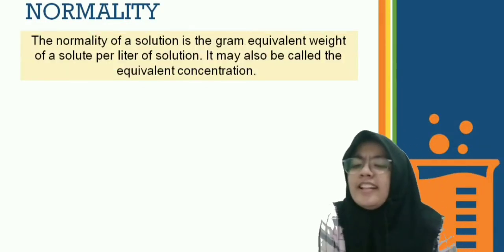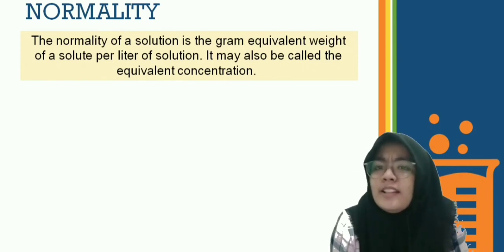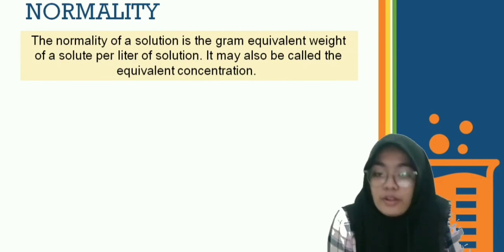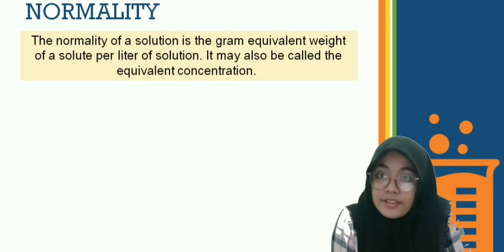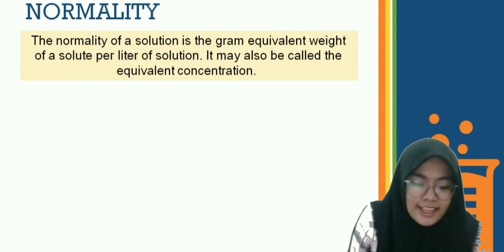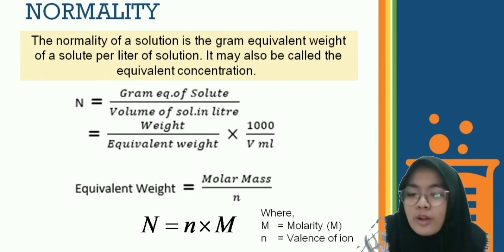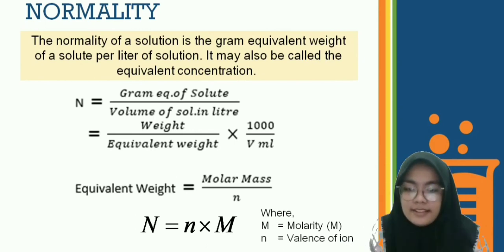Normality. Normality of a solution is the gram equivalent weight of a solute per liter of solution. It may also be called equivalent concentration. How to calculate it? Normality is called N, is gram of equivalent solute divided by volume of the solution in liters.